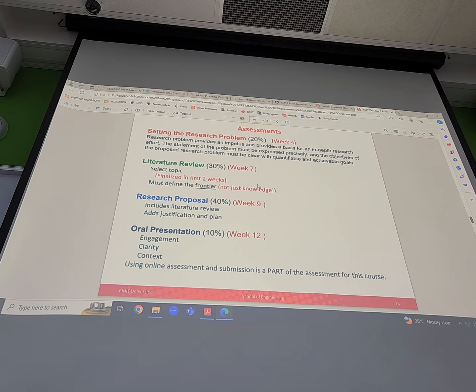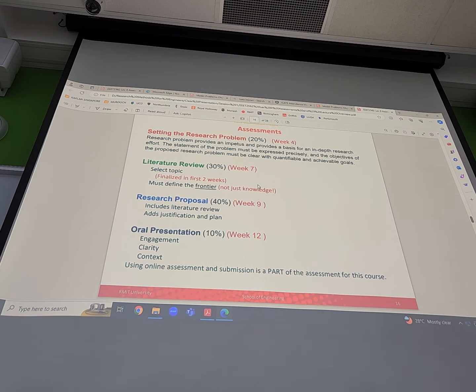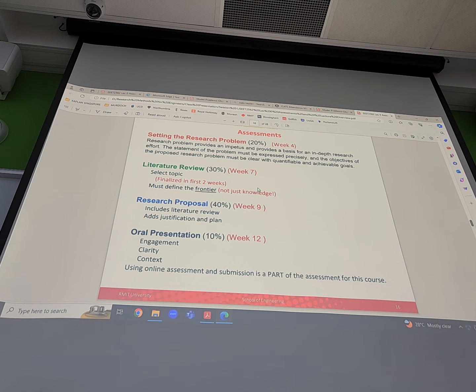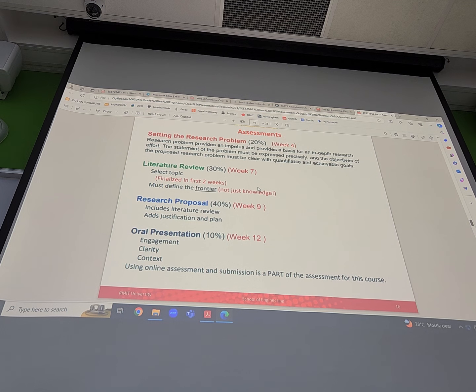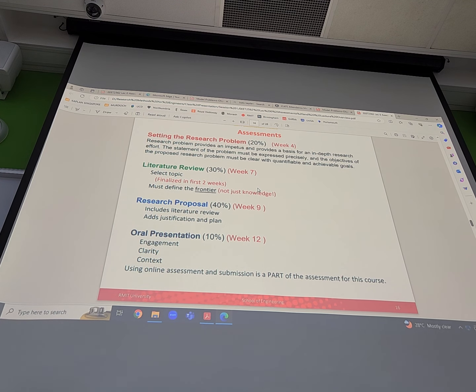When you are doing this research proposal, it should consist of your research problem, the literature review, and also the action plan and methodology. That means your first assignment plus your second assignment, combined with some additional stuff, will give you assignment 3.